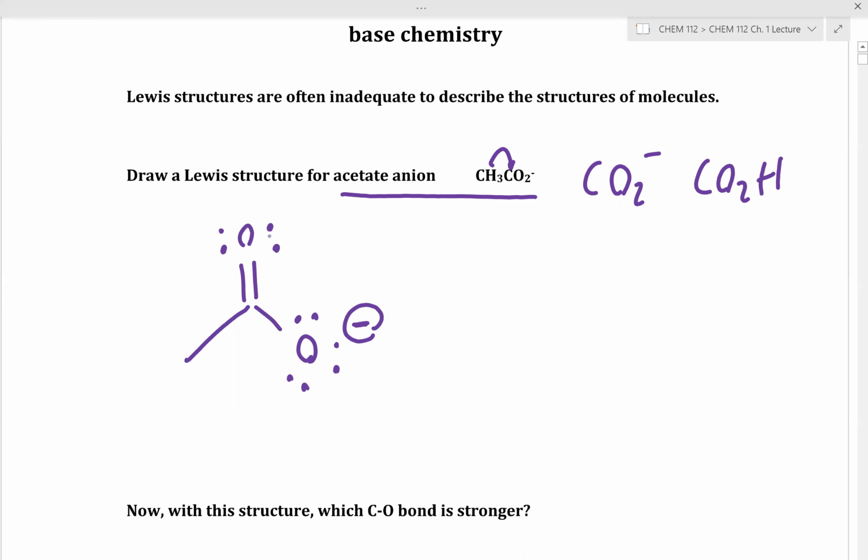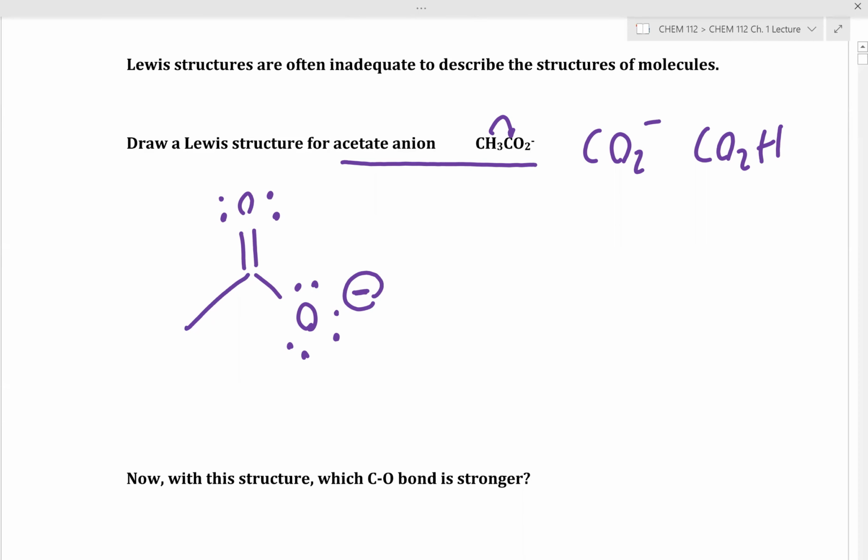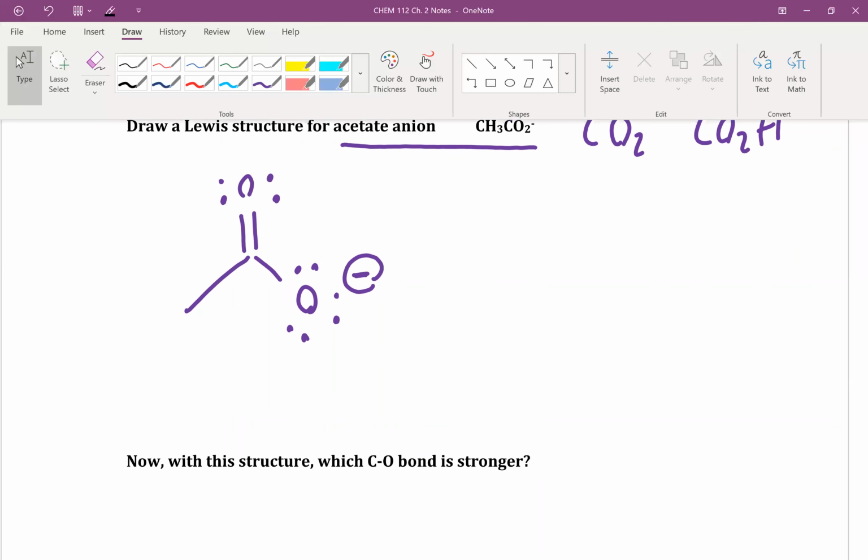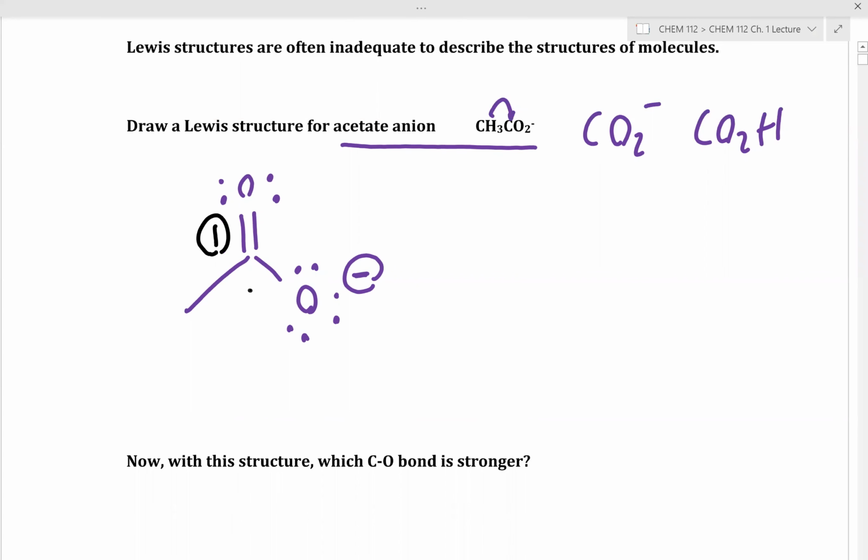Now, when we look at this Lewis structure, it looks quite innocuous at first glance. However, let's try to entertain this question. If we have these 2 carbon-oxygen bonds, 1 and 2, which carbon-oxygen bond is stronger? So let's give our first pass interpretation.